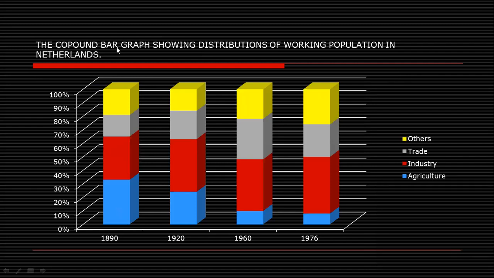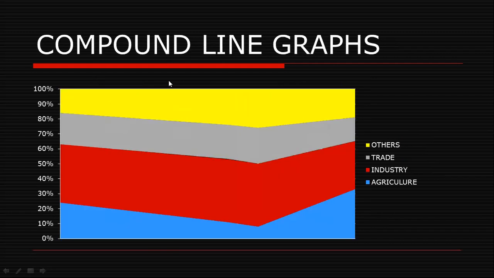If it is a million, you remember a million has 6 zeros, so you can reduce the 3 to only come to 1,000. So when you are putting the title, you will put a compound bar graph showing distribution of work, in 0, 0, 0, meaning that here you are only representing 1,000, but there is another 1,000, which gives us a figure of 1,000,000. That is how you give it.